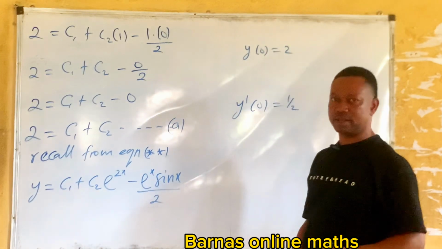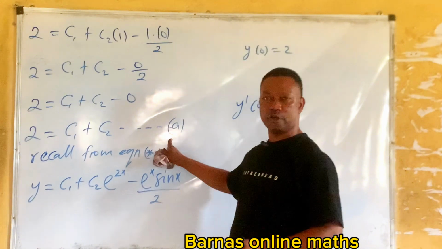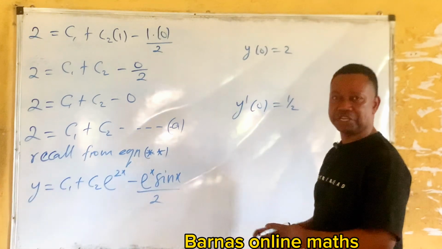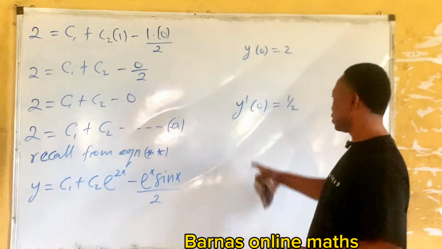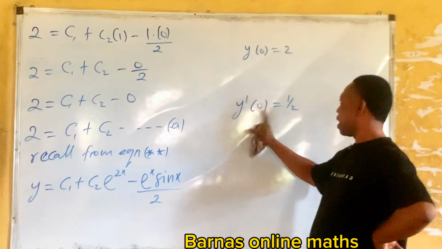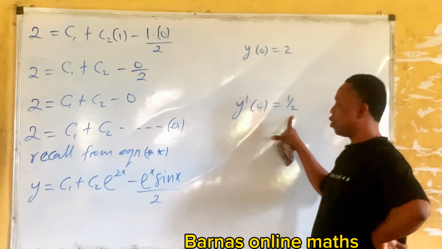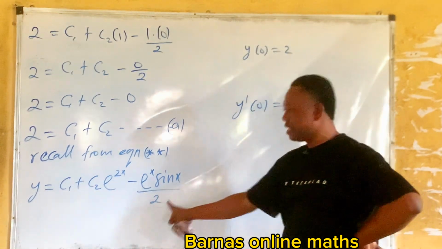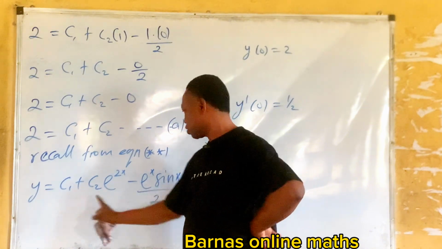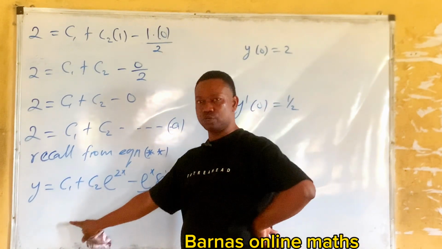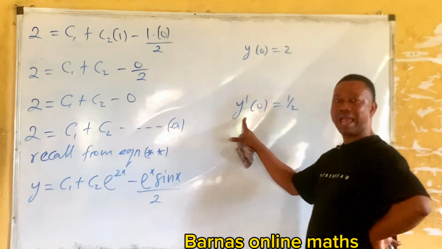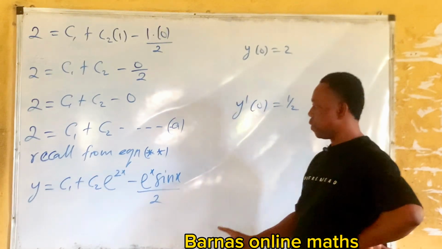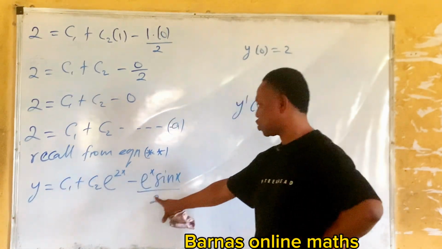This one has been taken, which resulted in equation A. Now, for us to take the second initial value condition, which is y prime of 0 equals half, you should know that this simply means we need to differentiate equation star, which is the general solution, in order for us to have our y prime, that's the first derivative. So we need to differentiate y with respect to x.